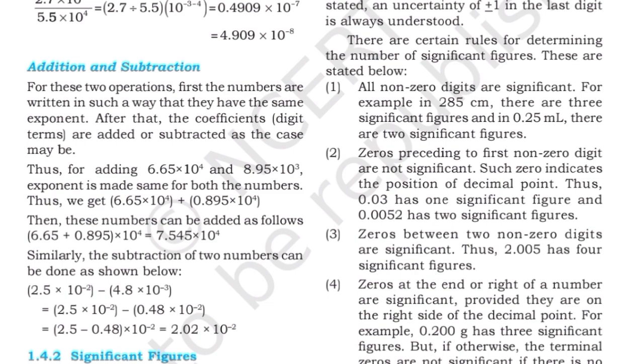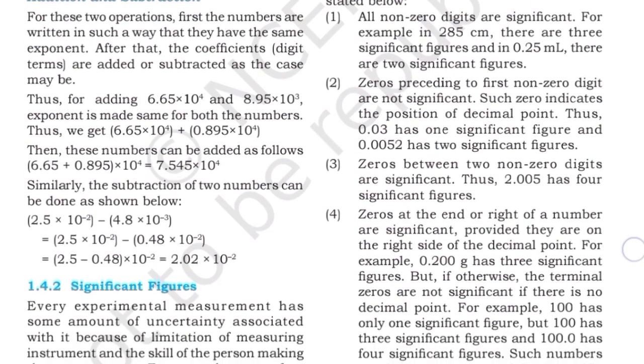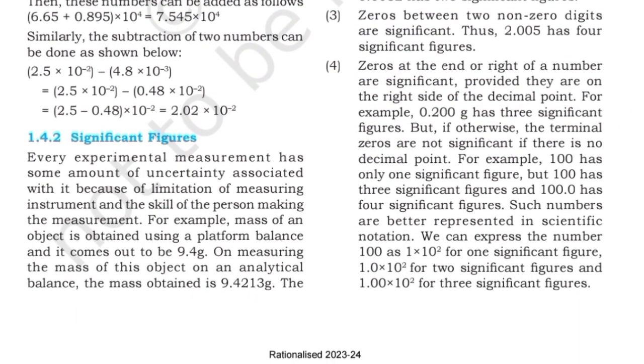Zeros between two non-zero digits are significant. Thus, 2.005 has four significant figures. Zeros at the end or right of a number are significant, provided they are on the right side of the decimal point. For example, 0.200 gram has 3 significant figures, but otherwise the terminal zeros are not significant.